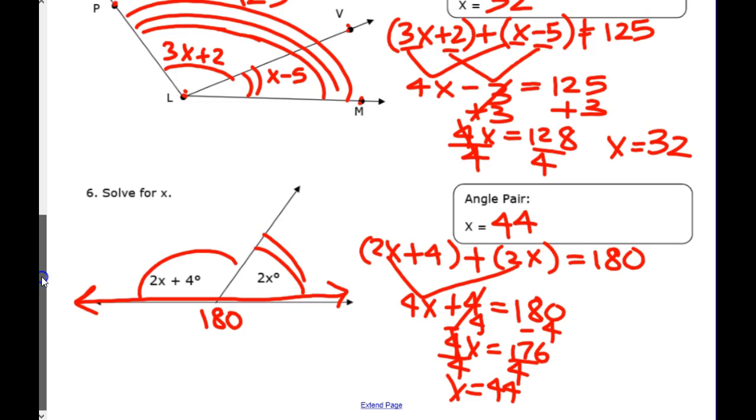Now, you can call it supplementary, but there's another name. If they are adjacent, you can call them a linear pair. Okay? So specifically, I would call this a linear pair. Linear pair slash, you could put supplementary, that's fine. Okay? Keep this. We're going to do an assignment tomorrow using these notes.